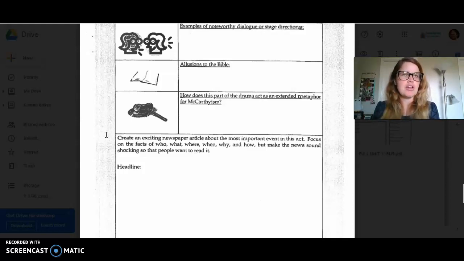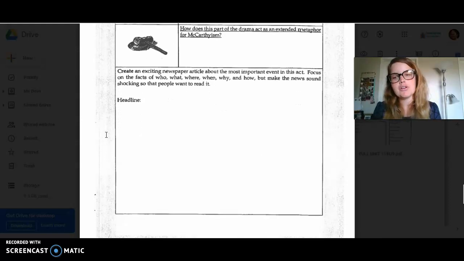There's a story about the Hollywood 10 or something like that, if you're interested in more about that, there you go. But talk about how this part of the drama shows the correlation, the connection. How is the witch trial from Salem connected to a witch trial for communism?